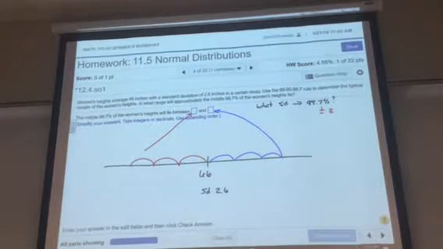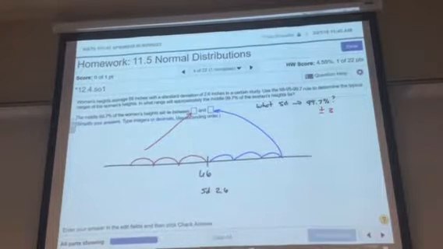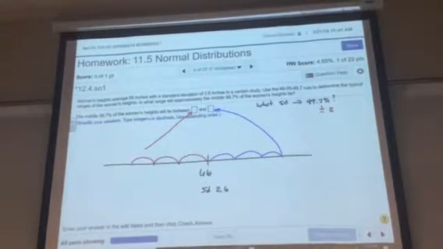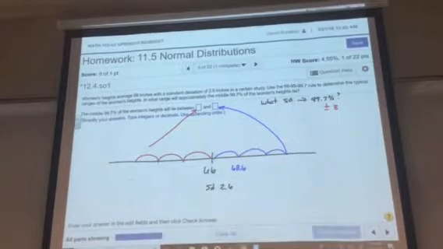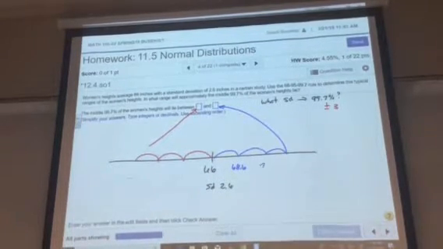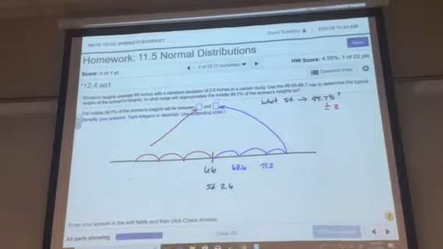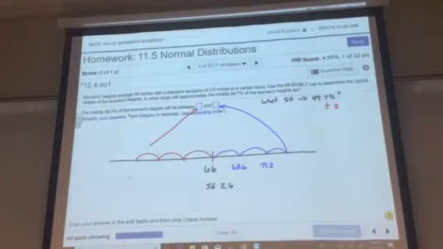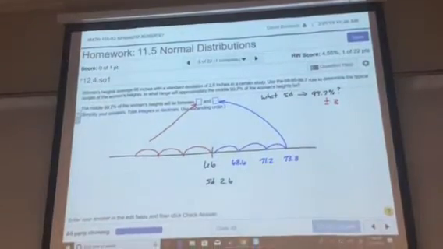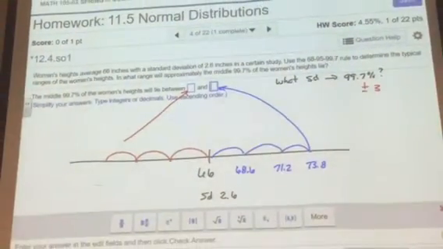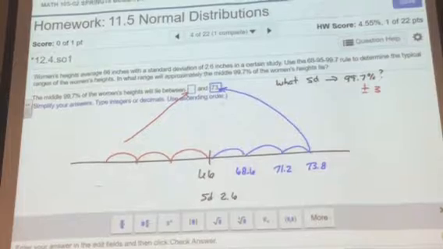You may do it 1 step at a time and say, I'm adding 2.6 and get 68.6. I'm adding another 2.6, coming up with 71.2. I'm adding another 2.6 to that, coming up with 73.8. And then going back here and saying, this value is going to be 73.8.